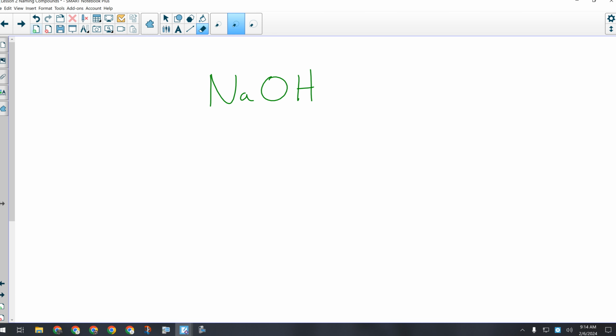If it has just a positive beside it with no number, it's +1. So hydroxide has a charge of -1, and that's what this is. So this stuff would be sodium hydroxide. We still follow the naming rules, except, believe it or not, they're actually a little bit easier.